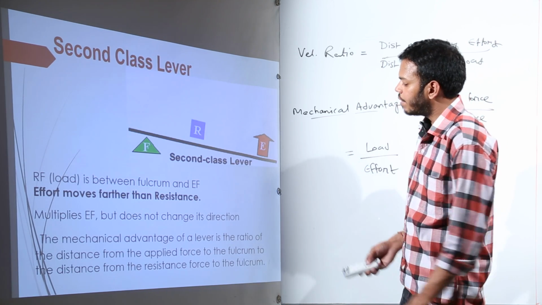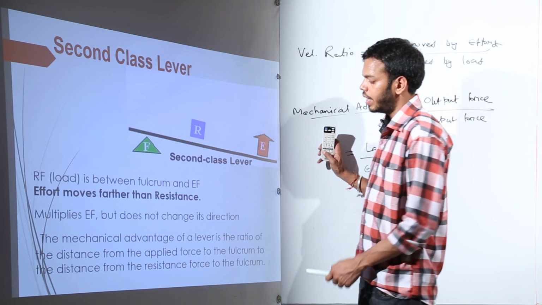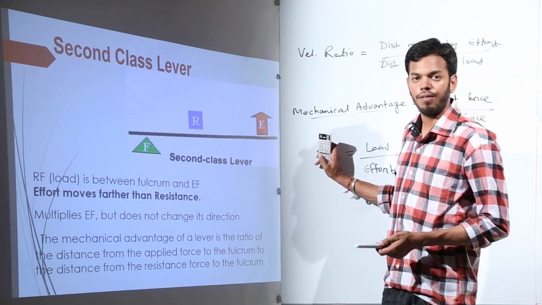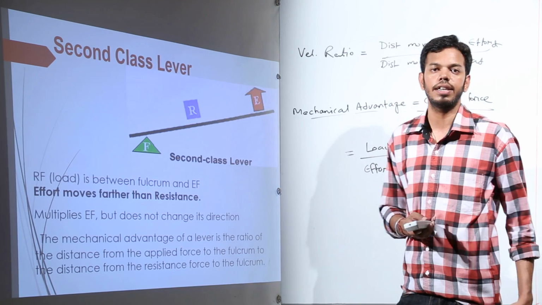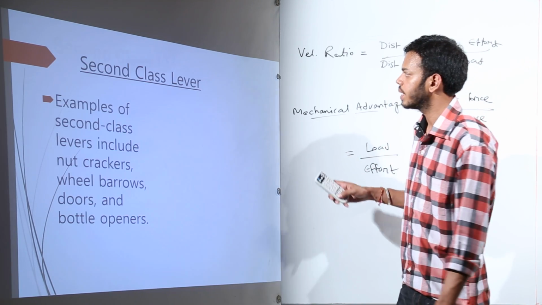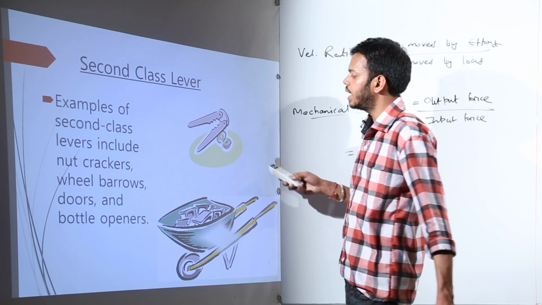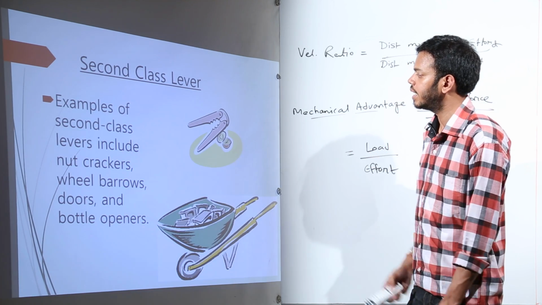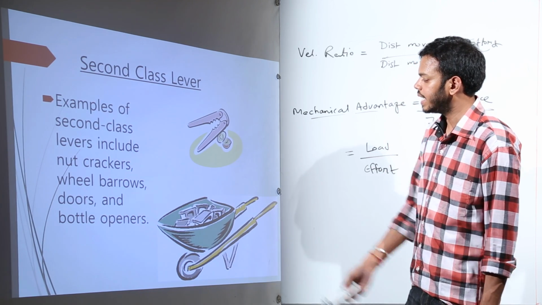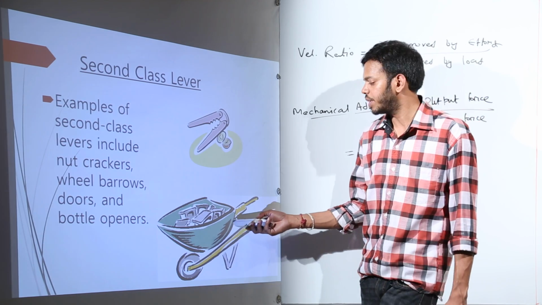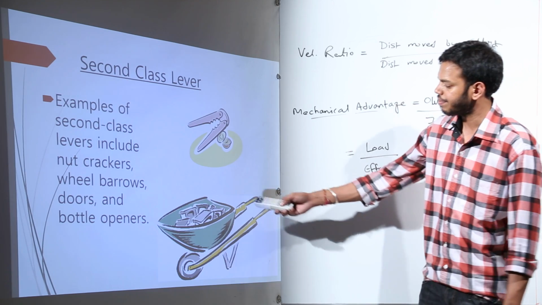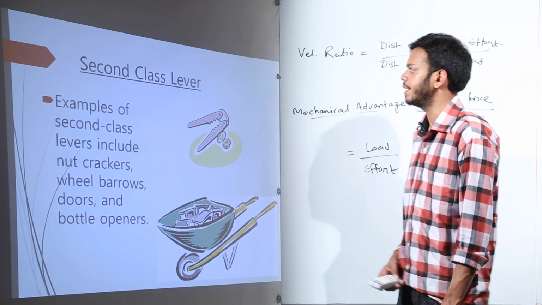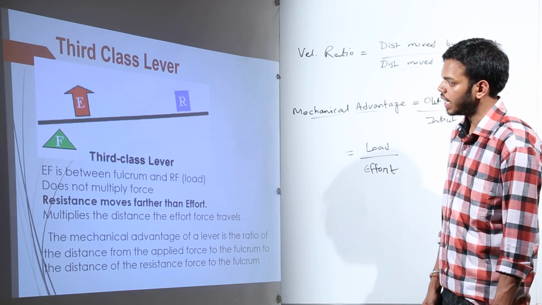Alright, so mechanical advantage of a lever is the ratio of the distance from the applied force, that is effort into effort arm, and the load into load arm. Second class lever, the nut breakers, these are second class levers. Then axle, the towing machine which is generally used to pick up garbage and all, that is also a second class lever. Then we are moving to third class lever.